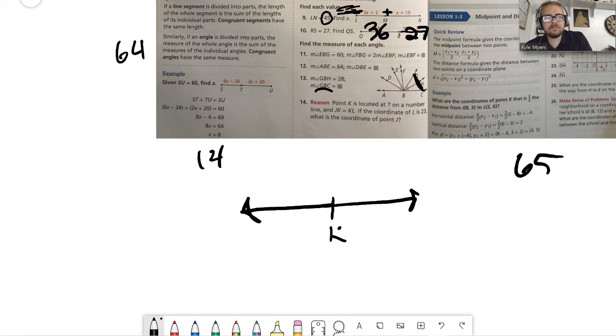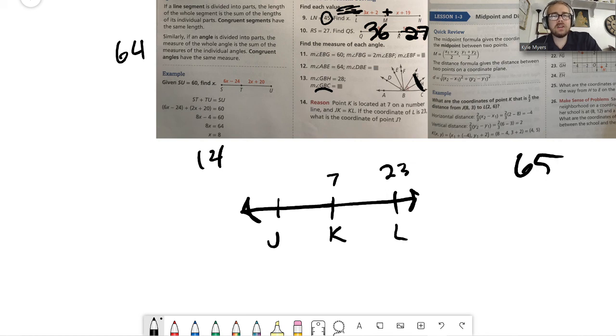Okay, so here's K, and it's at 7. And JK equals KL. So that means the distances are the same. So the distance from J to K is the same as from K to L. That's what that means. Okay, if the coordinate of L is 23, what is the coordinate of point J?